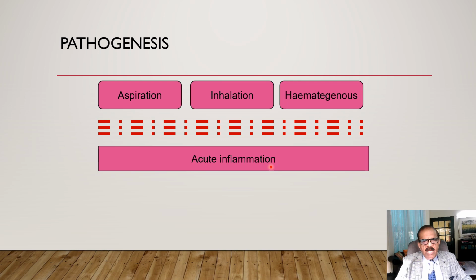Now, lung is a unique structure. It has got lots of free space, alveolar space. So there is an opportunity that this inflammatory exudate fills this air spaces. So that is actually technically pneumonia, when our alveolar air space is filled with exudate and the air is replaced with this exudate.